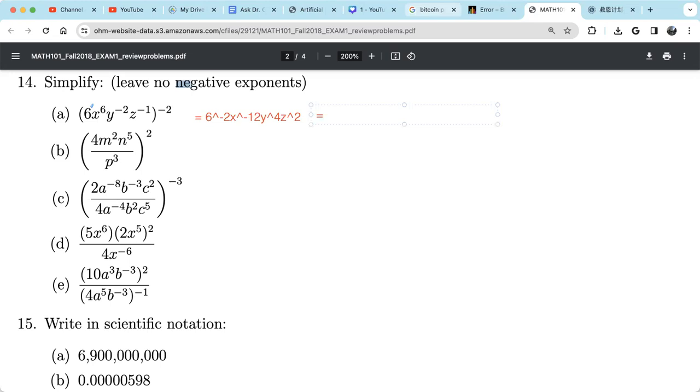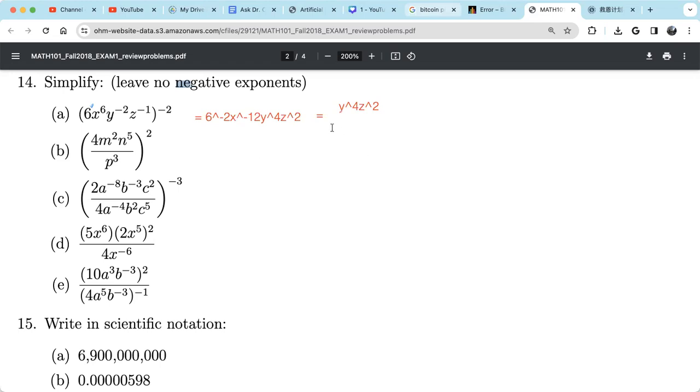So what do we do? We move the 6 raised by -2 to the denominator to have 6 raised by +2. So let's write down the positive exponents. So y raised by 4, positive exponent. Z raised by 2, positive exponent.